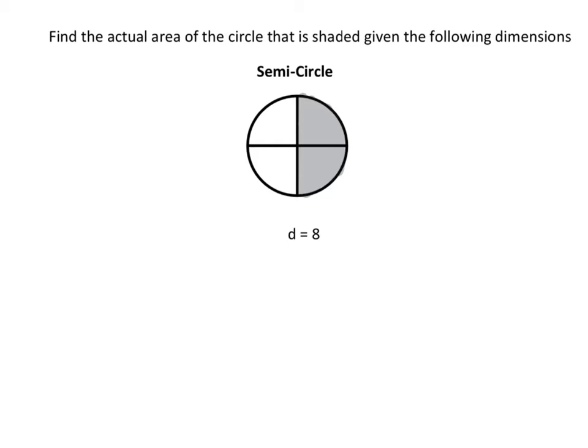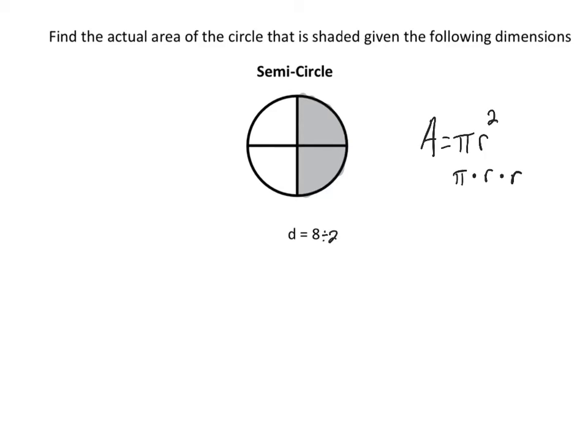But when we are finding area, our formula is A equals pi r squared, or just pi times r times r. Since we're given diameter, we have to find the radius first. So we're going to divide the diameter by 2.